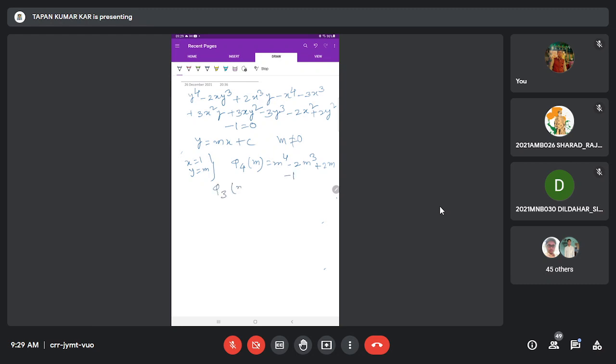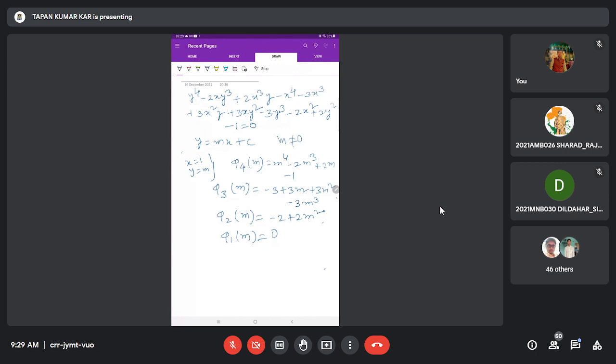Phi 3 of m equals minus 3 plus 3m plus 3m square minus 3m cube. Phi 2 of m equals minus 2 plus 2m square, and phi 1 of m equals 0.